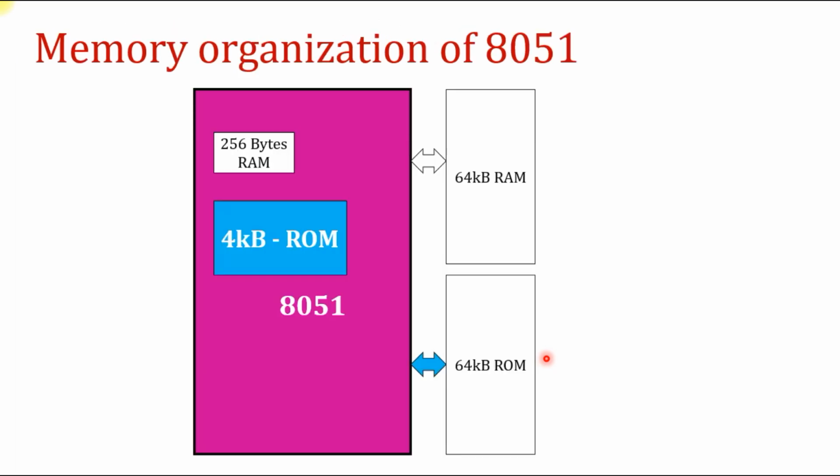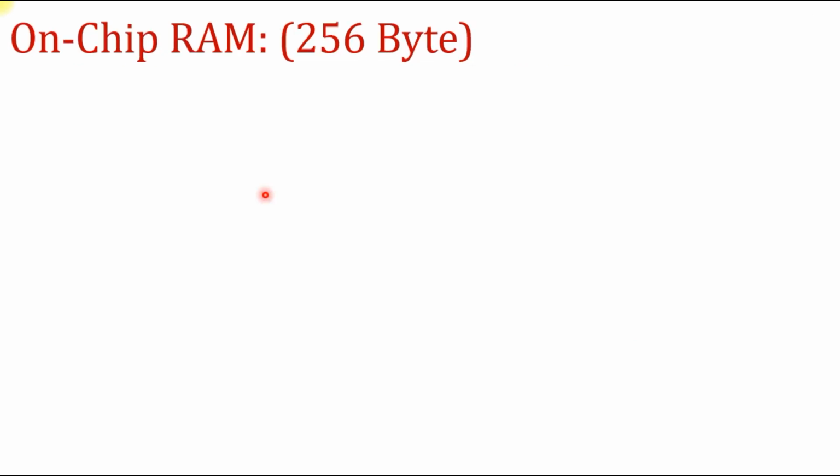Okay, we will consider only RAM organization in this video lecture. On-chip RAM is actually 256 bytes, and how these 256 bytes are getting organized within that 8051, that is the main agenda of this video.